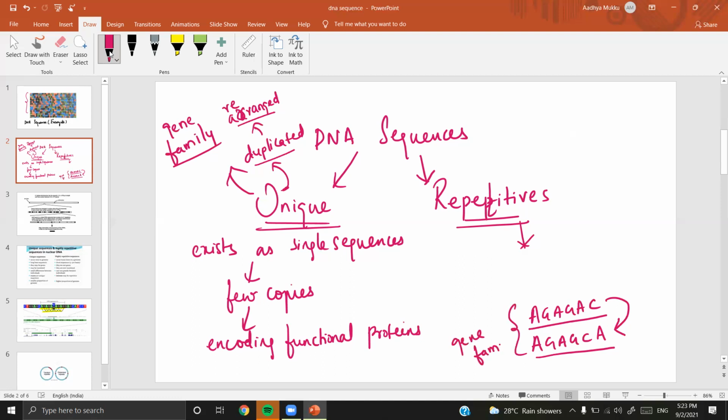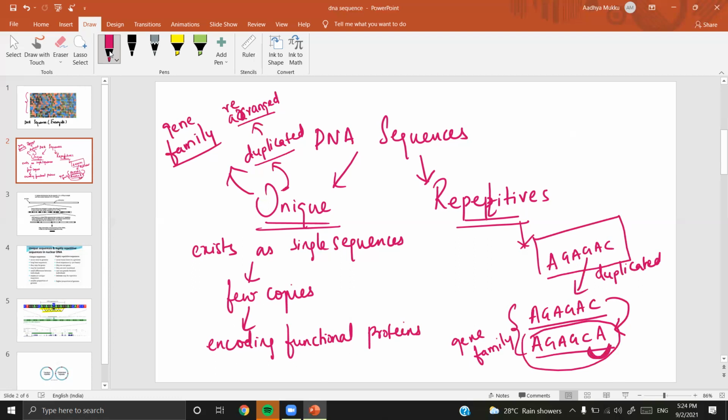First of all, there is a copy of a gene which has got duplicated, and after duplication, they have got rearranged. So now this particular gene which is being produced is a bit different from the parental gene because of the rearrangement of these bases, right? So this family is being called a gene family.